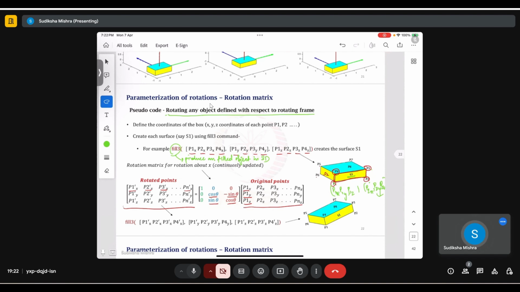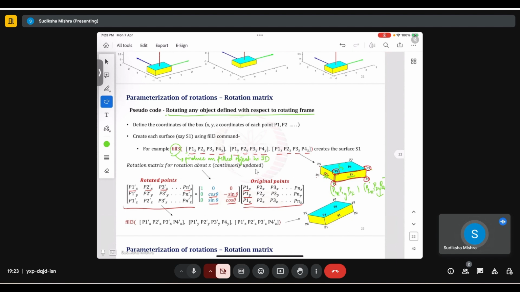So you can use the command fill3 to produce a filled object, and then you give it the details of the object. In this case, each of the surfaces has these types of coordinates. So you have one surface S1 here, one surface S2 here, maybe S3, S4. So six different surfaces. So the code will be written likewise.